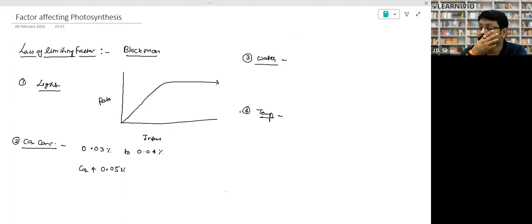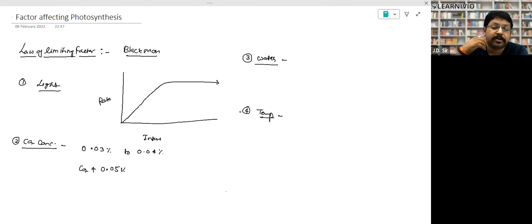If you have only 2 teaspoons of sugar, whatever is available in the minimum amount will decide how many cups of tea you can make. So that was the law of limiting factor.